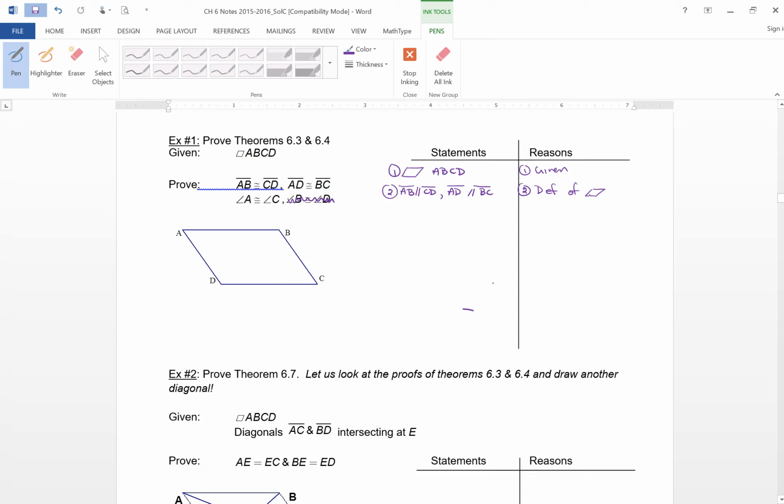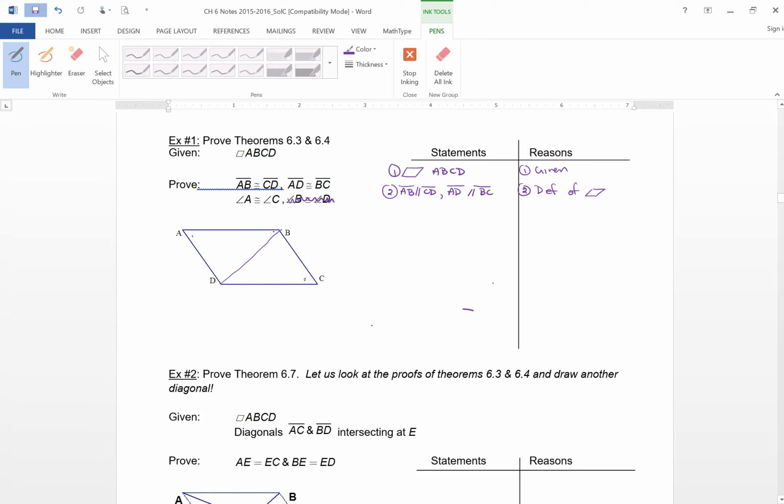Okay? Now, I want to prove that these two angles are congruent to each other. And I want to prove that AB and CD are congruent, AD and BC are congruent. The best way for me to do that is by triangles. So I want to split this up into two triangles.